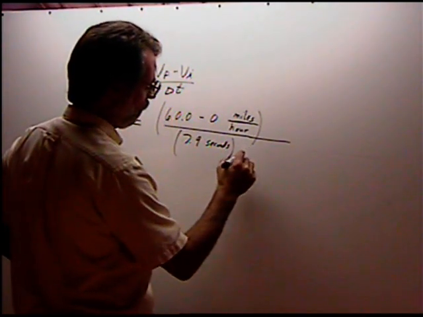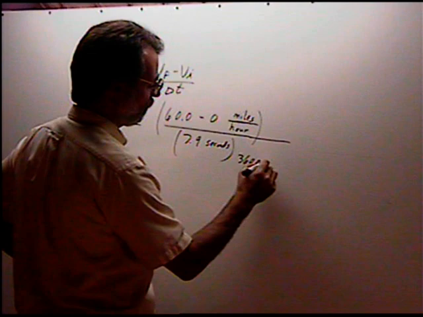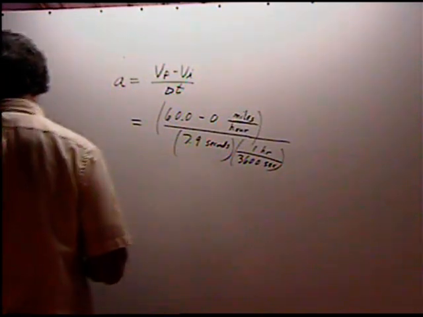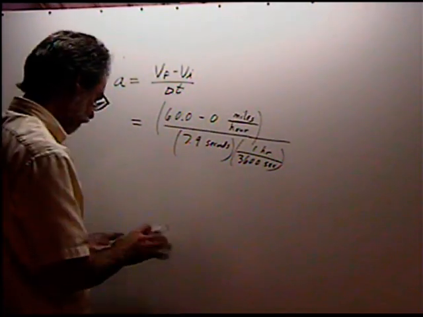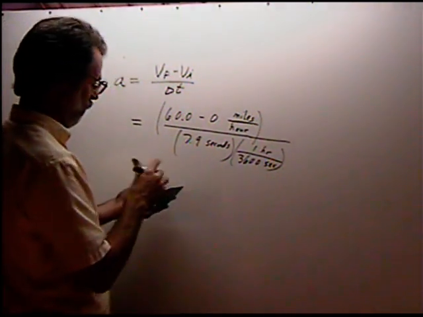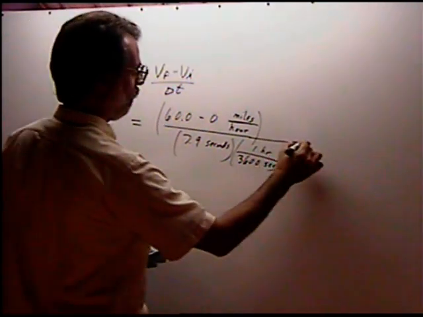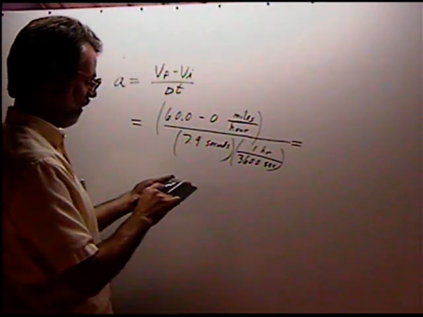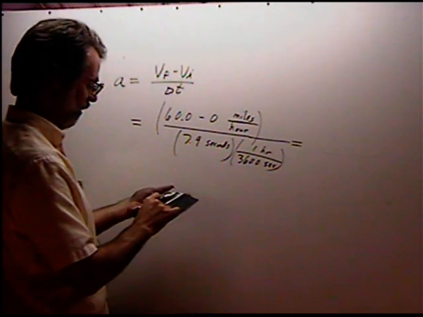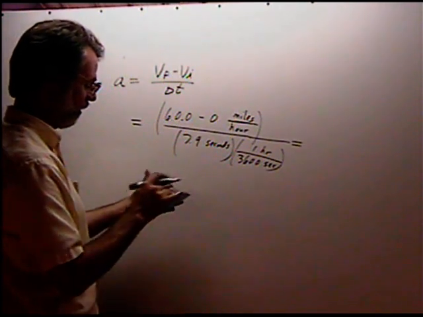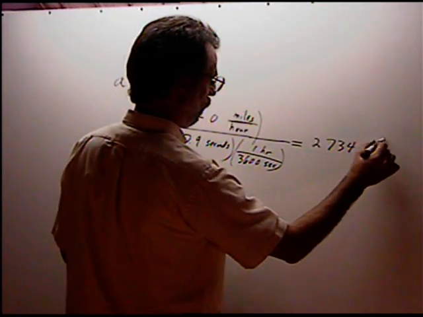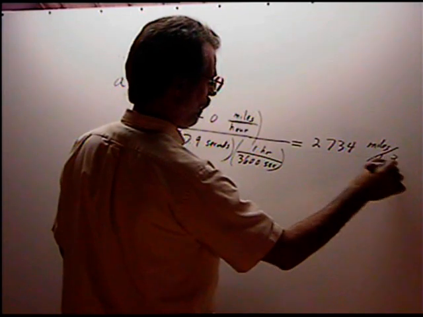So 3,600 seconds equals 1 hour. If we do this, we end up with 60 divided by 7.9 times 3,600, and you get 2734 miles per hour squared.